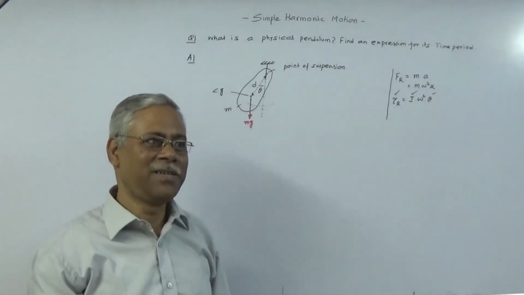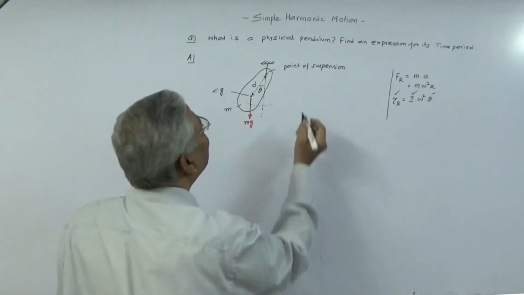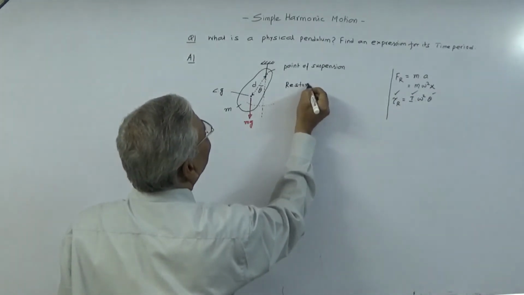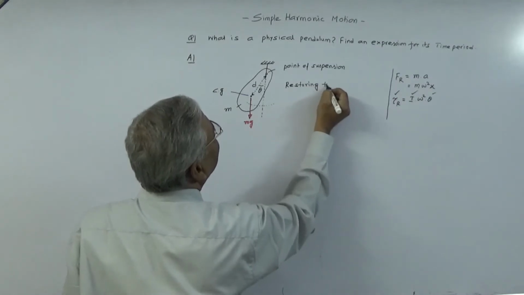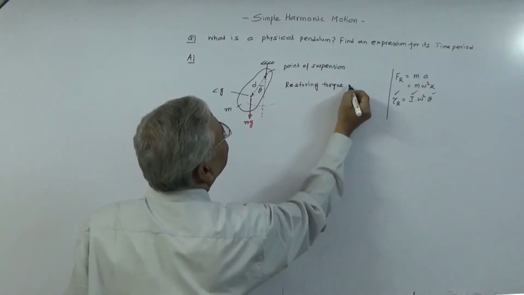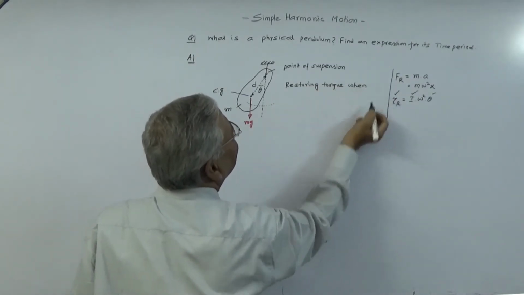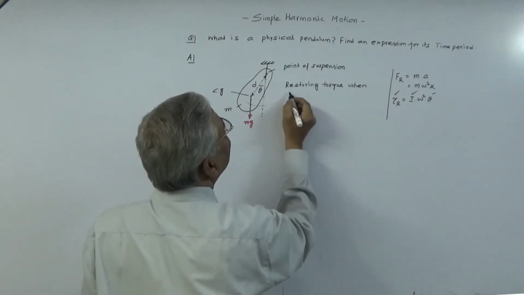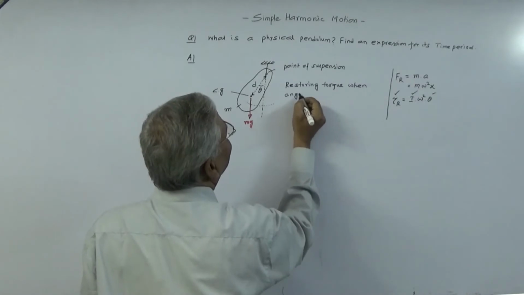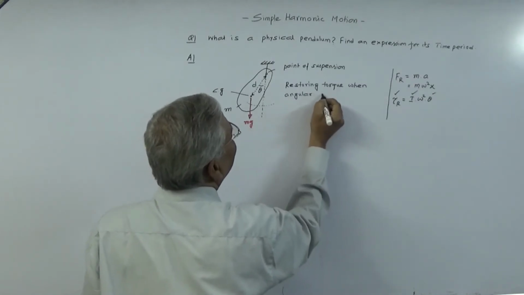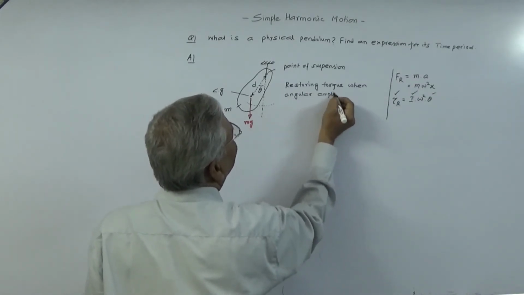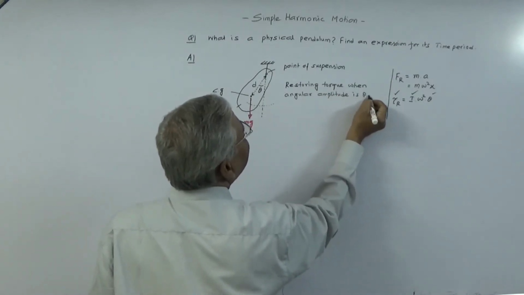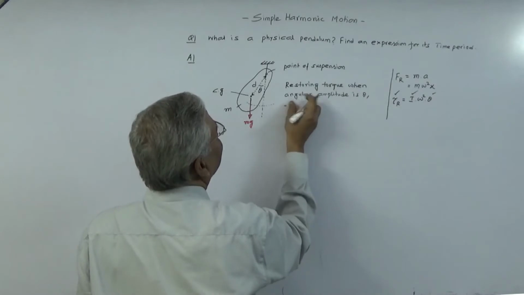So let us start. Restoring torque when the angular amplitude is theta, tau r.